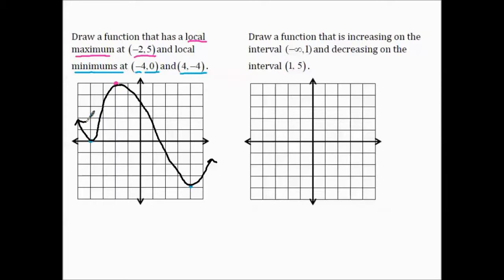Then I want to draw a function for the next problem that is increasing from -infinity to 1 and decreasing from 1 to 5. So I'm going to start by shading this in. I know it needs to be increasing from -infinity to 1.